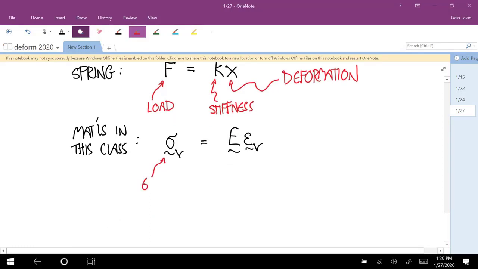This is a 6x1, like a 6-element vector-looking thing, representing load. This E is a 6x6 stiffness matrix.